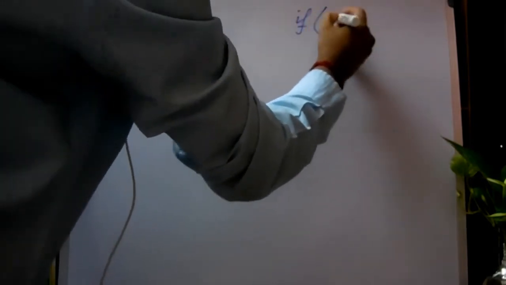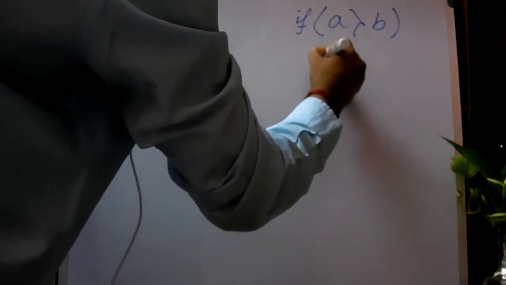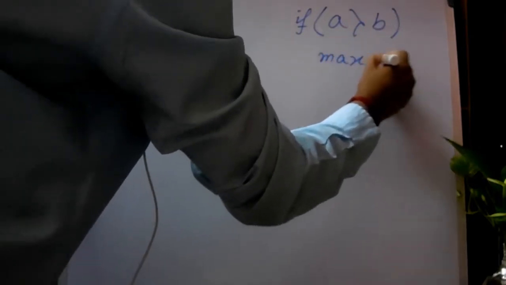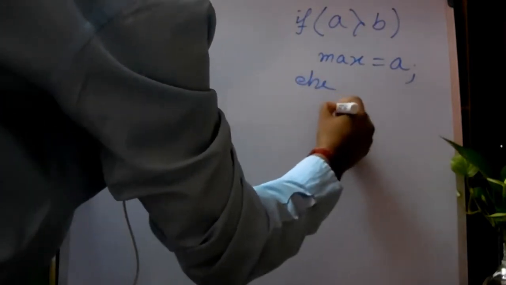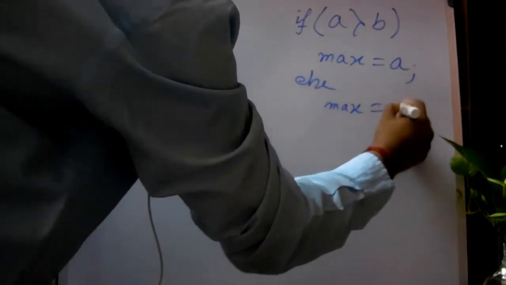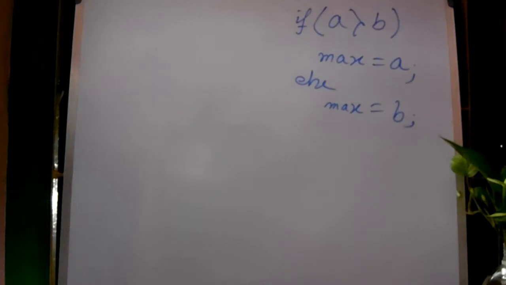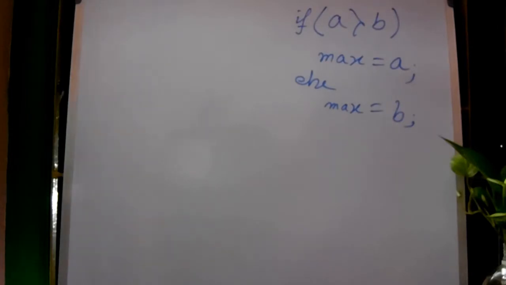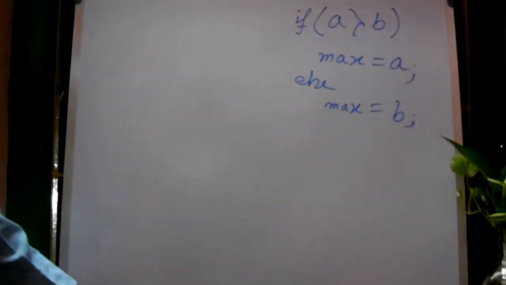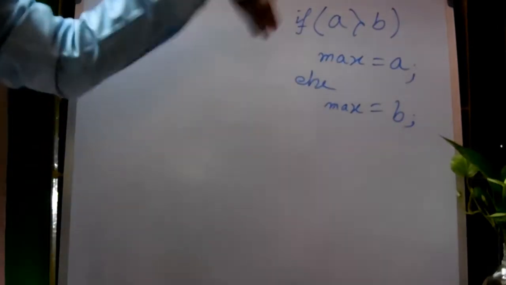If a is greater than b, then max is equal to a, else max is equal to b. If the value of a is greater than b, then max will be the value of a, otherwise max will be b. You know very well what this means.